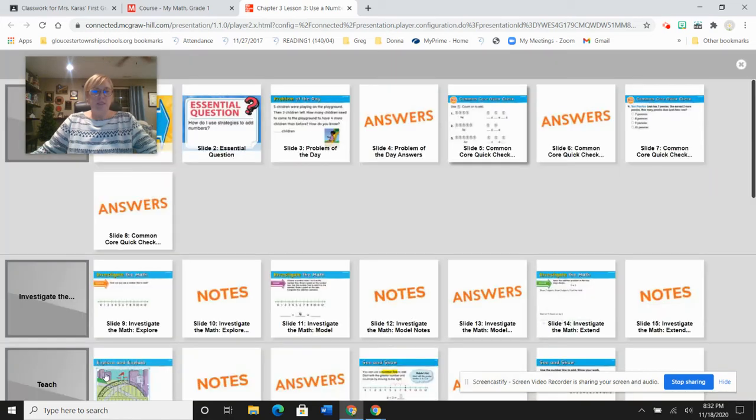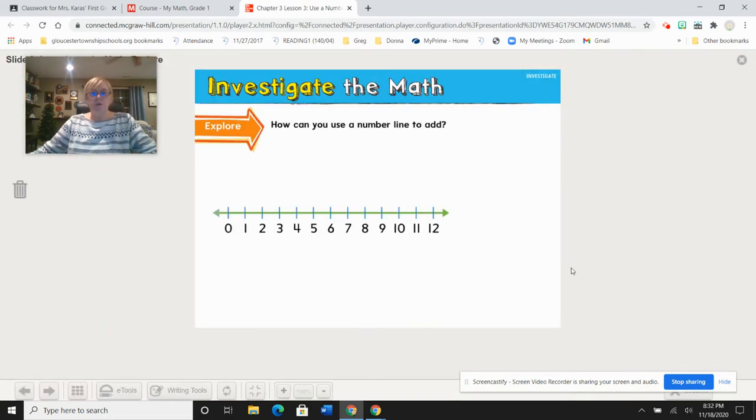Okay, now let's go to our next. How can you use a number line to add? Let's look at it. Notice the numbers. Okay. How do you think a number line would be helpful? Tell your adult or just say it out loud.